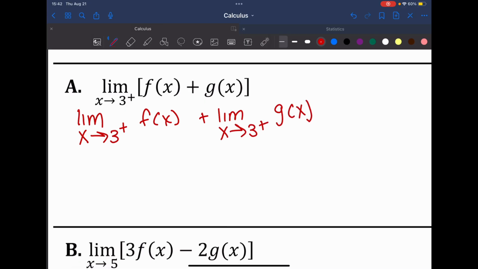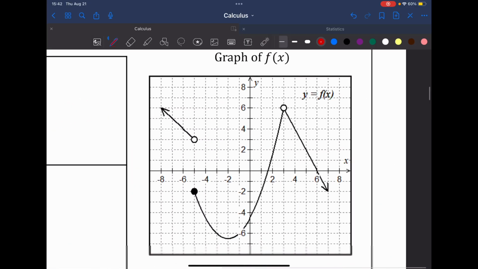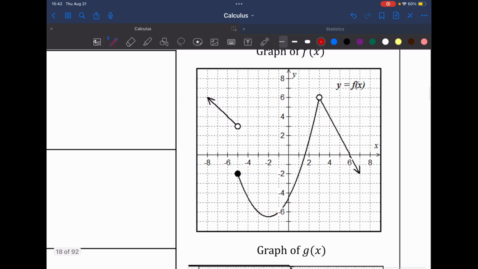Okay. Once I do that, now I'm just focusing on those limits separately for f and g. So first looking at f. Okay. So f is looking for as it approaches 3 from the right. So here's 3. And to make it easier on myself, I'm just going to highlight where the 3 is all the way up the y-axis.